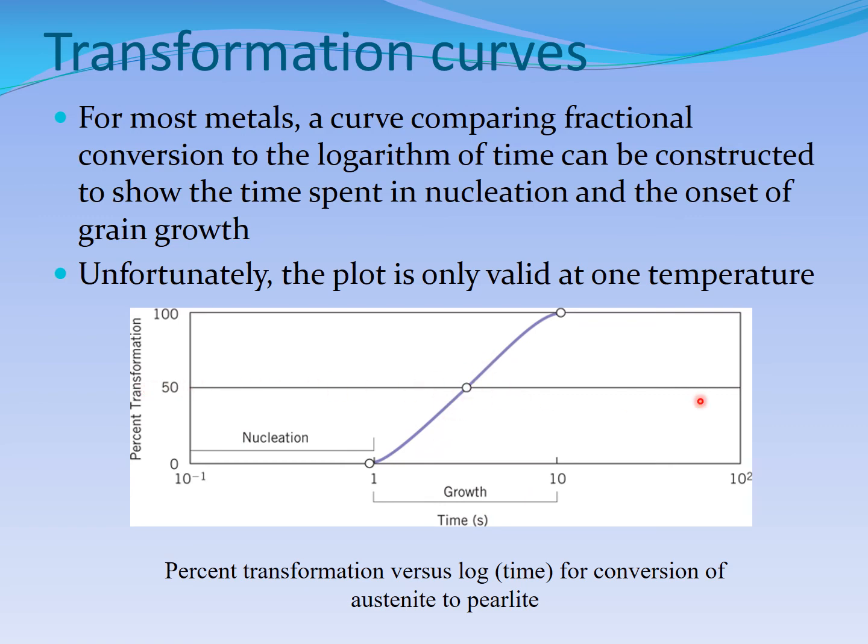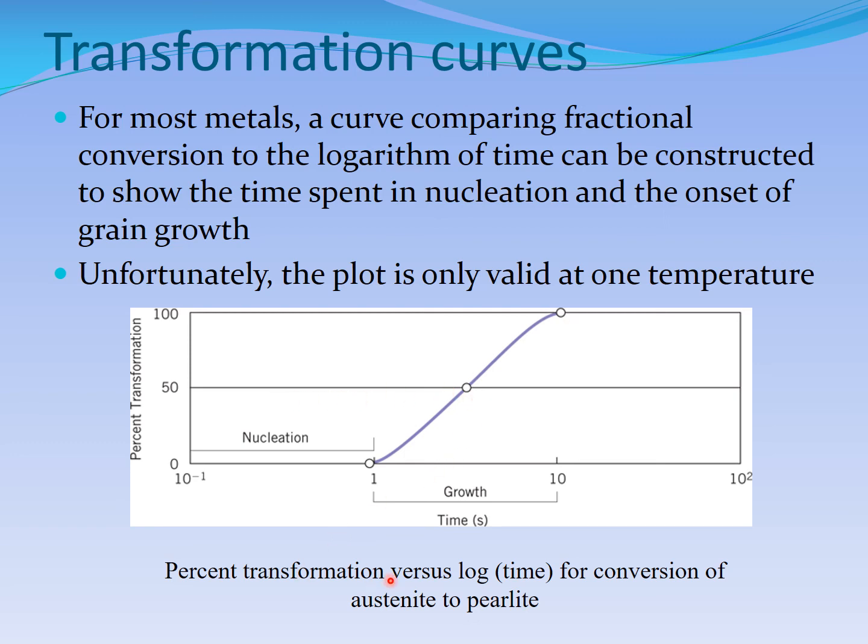This is 50% transformation. This is 100% transformation. So by this time, a little more than 10, maybe 11, all the material has transformed into the second phase. By this time, 50% transformation has taken place, right?